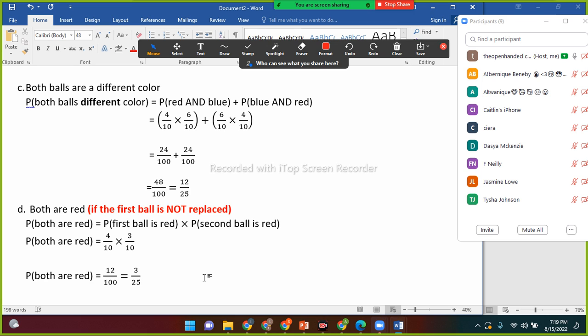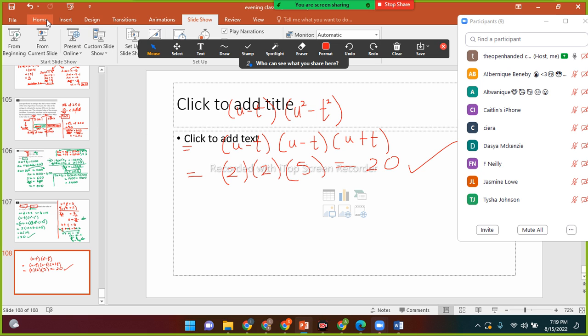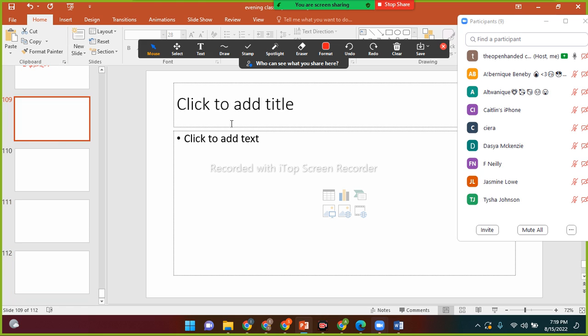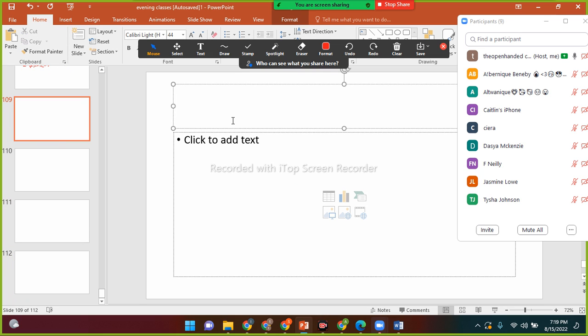Okay, so let's go to our problem sets, right? So let's look at this problem set. Let's look at this exercise. Exercise number 1.